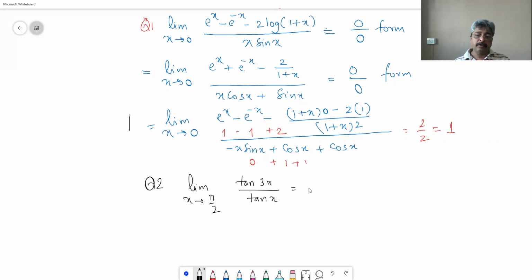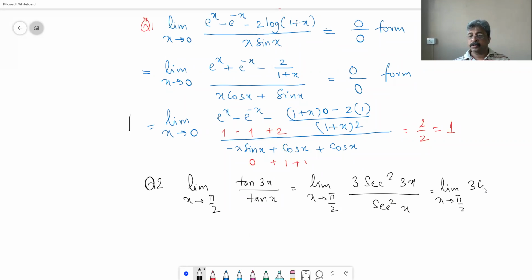Limit, this is equal to limit x tends to pi by 2, 3 sec square 3x upon sec square x, which is equal to limit x tends to pi by 2, 3 cos square x upon cos square 3x.